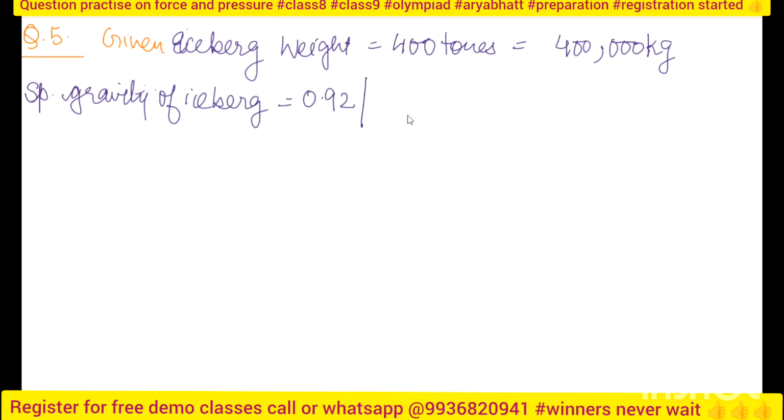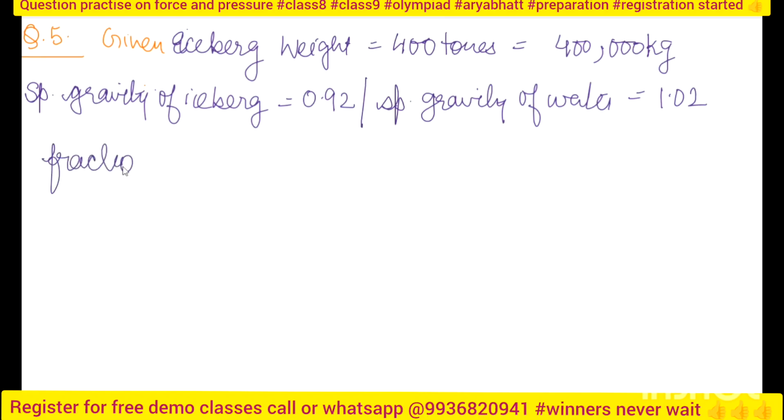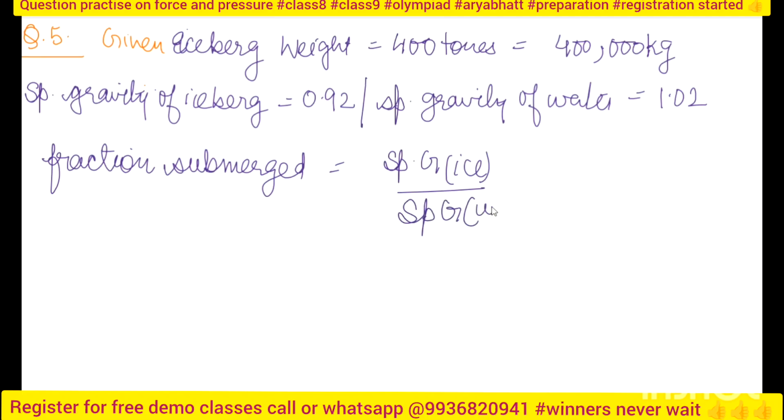They have also given the specific gravity of water. What is that value? That is 1.02. Now the fraction submerged will be equal to the specific gravity of ice divided by the specific gravity of water.